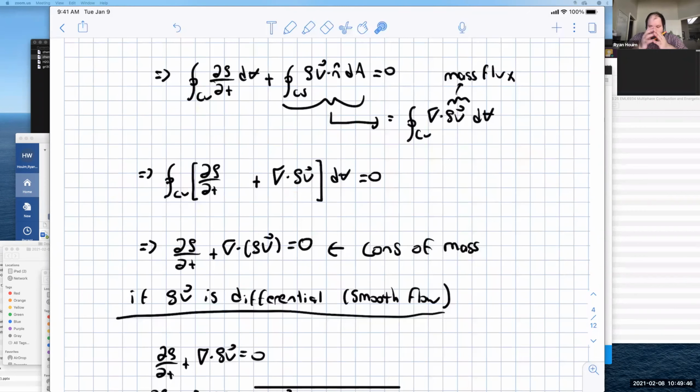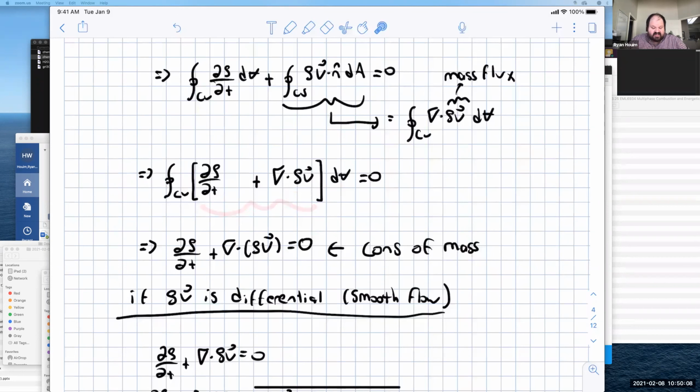This has to equal 0, and we're free to choose any control volume we want, except for a control volume that has 0 volume, because that makes no sense. So the only way to make this true for any generic control volume is if the integrand itself is equal to 0.